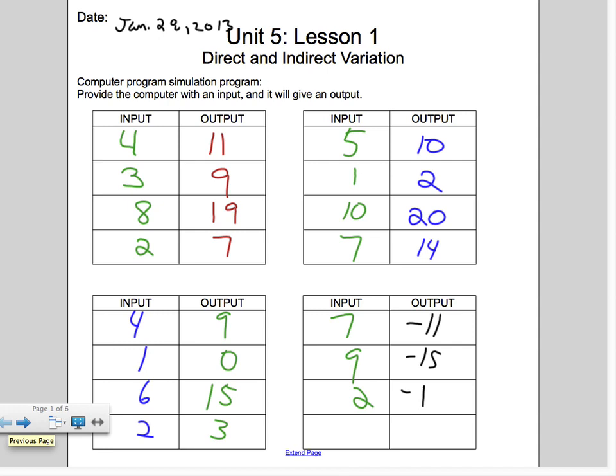Do you not have paper? One last number. One last input. 10? Okay, so likewise take these and plot it. 7, negative 11.